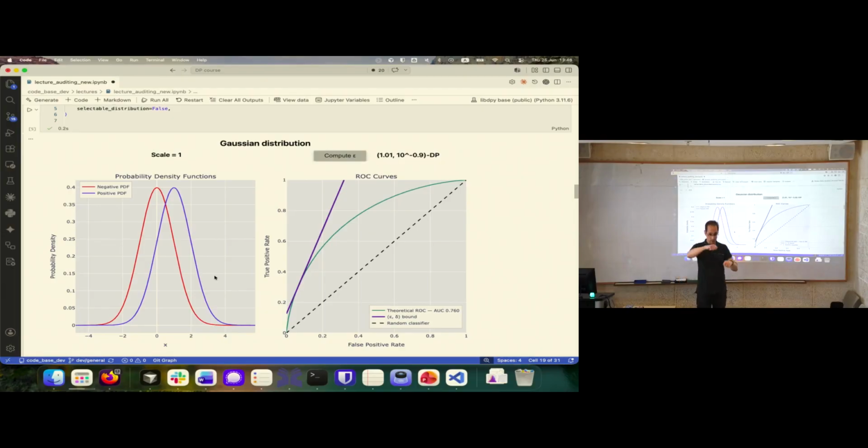Because all the quantifiers throughout the way, I indeed chose the worst case. The worst case neighboring data sets for the Gaussian mechanism are data sets with mean 0 and mean 1, or sum, whatever. The worst case decision rule is a threshold on the x's. So this draws the entire curve. And once I fix the delta and find the point, there is some threshold here that corresponds to the worst case epsilon. So this is not a lower bound or an upper bound, this is an exact expression.